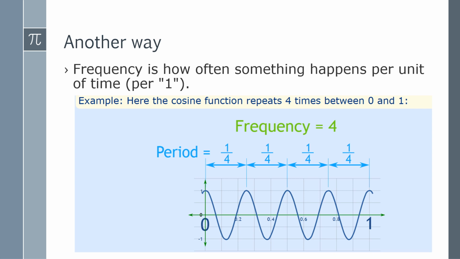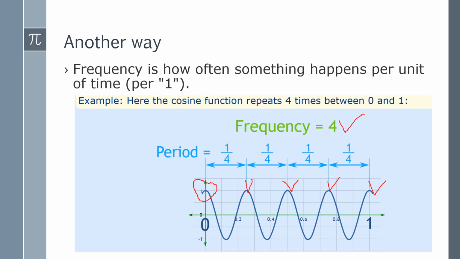Alright, another way of looking at this, if you know frequency, and frequency is how many times this repeats. So look at this graph. It starts off at 1, and we're looking for when it hits the y value of 1. So 1, 2, 3, 4. So the frequency is 4.